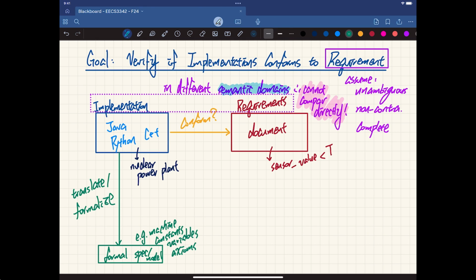And we do something similar as well. We are also going to translate the documents into the same semantic domain. That's why I'm putting them both green. So this will be some property. And do you remember what we said about the property?